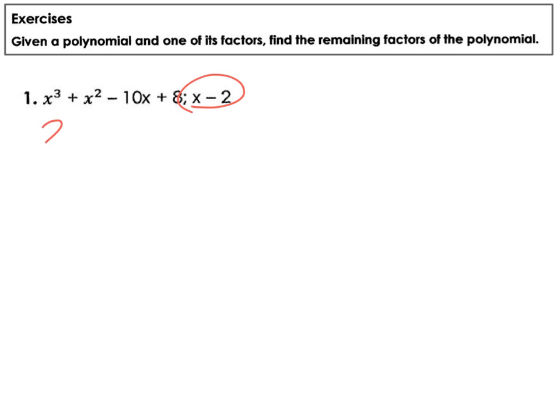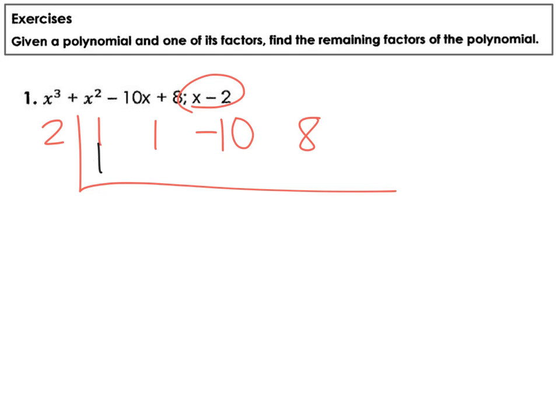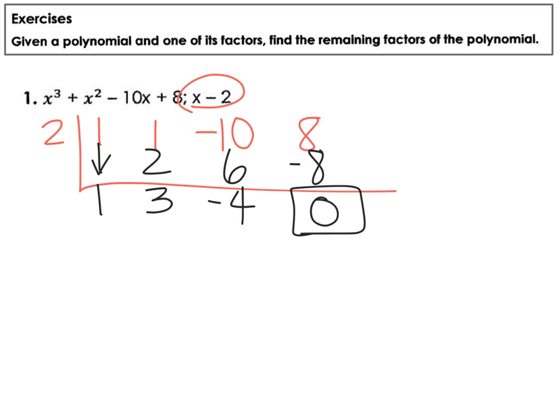So start by putting our 2 on the outside, all of our coefficients in here, 1, 1, negative 10, 8. Bring down our 1, we get 2, add them together. 2 times 3 gives us 6, negative 4. Negative 4 times 2 gives us negative 8. And we get a remainder of 0. So x minus 2 is a factor.